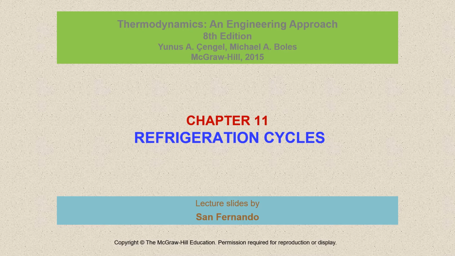Another well-known refrigeration cycle is the gas refrigeration cycle, in which the refrigerant remains in the gaseous phase throughout the cycle. Other refrigeration cycles discussed in this chapter are cascade refrigeration, where more than one refrigeration cycle is used, and absorption refrigeration, where the refrigerant is dissolved in a liquid before it is compressed.